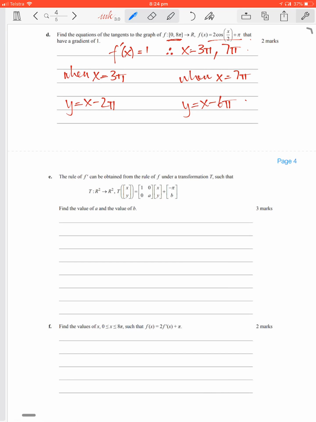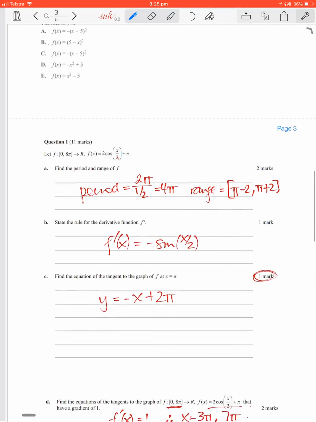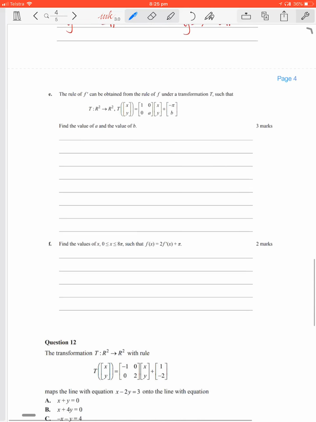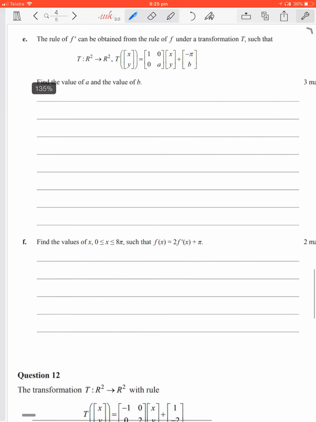Okay, the rule of f dash can be obtained by transforming the rule of f. So we can go from this to this by using some transformations. And here is our transformation.